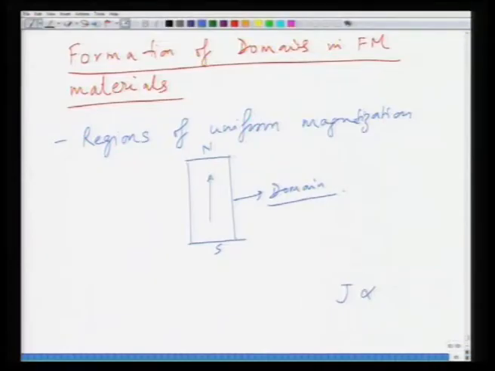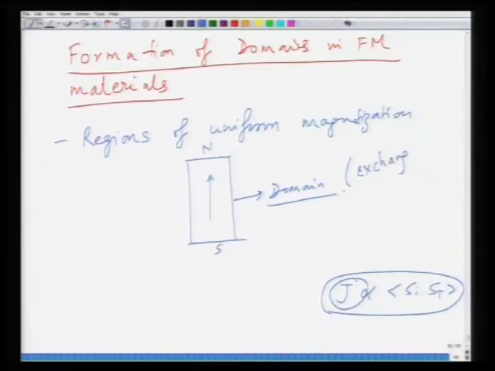For certain ferromagnetic materials, the exchange integral is proportional to the sum of spin moments of all the atoms, and this exchange energy happens to be minimum when all the spins are aligned in one direction, and that is what makes one domain. So, this domain essentially is a result of minimum exchange energy.